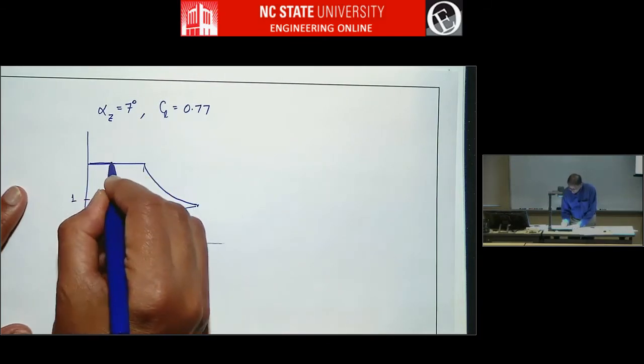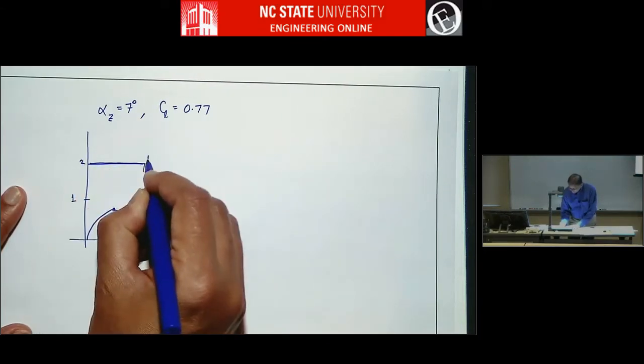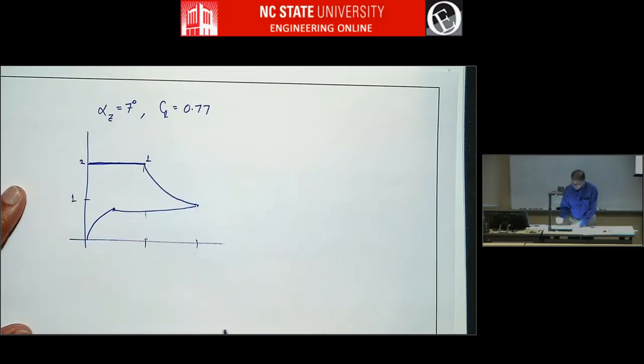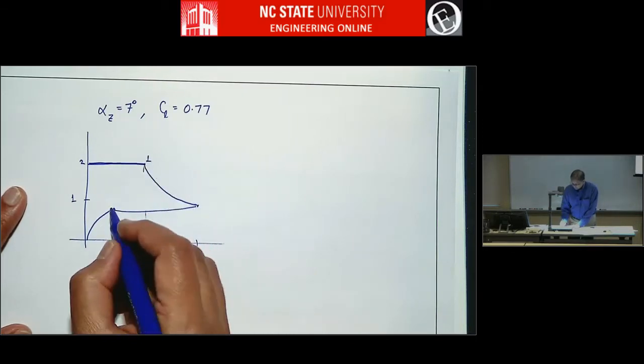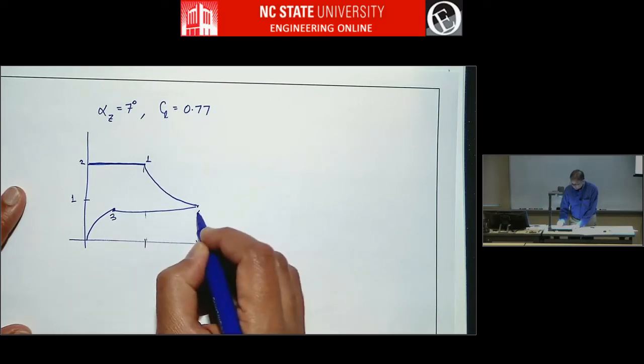Upper surface segment number 2 will have a flat top, a flat zero velocity gradient, and lower surface will be whatever it is.